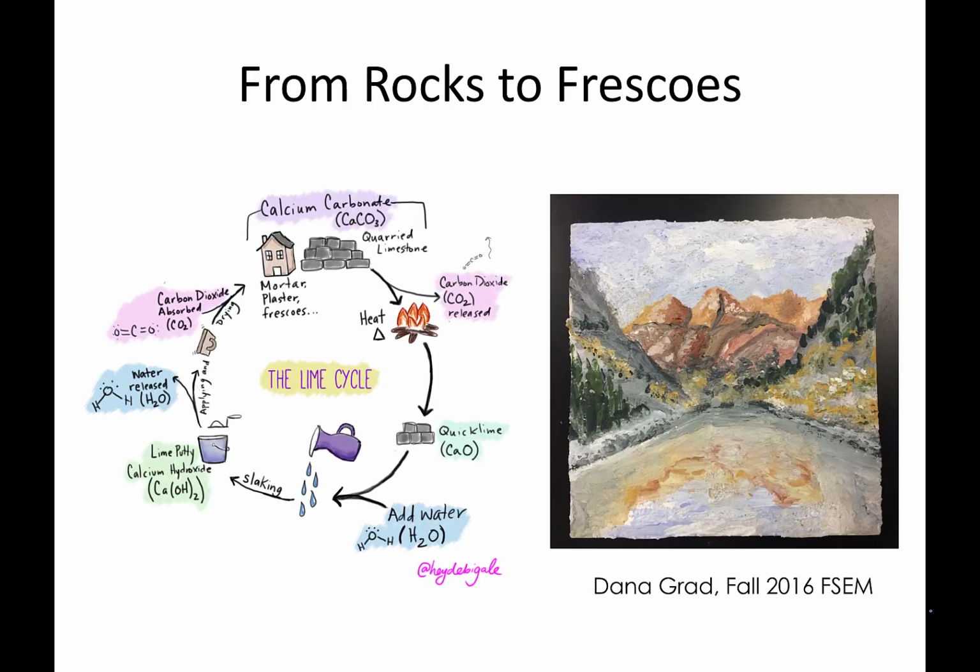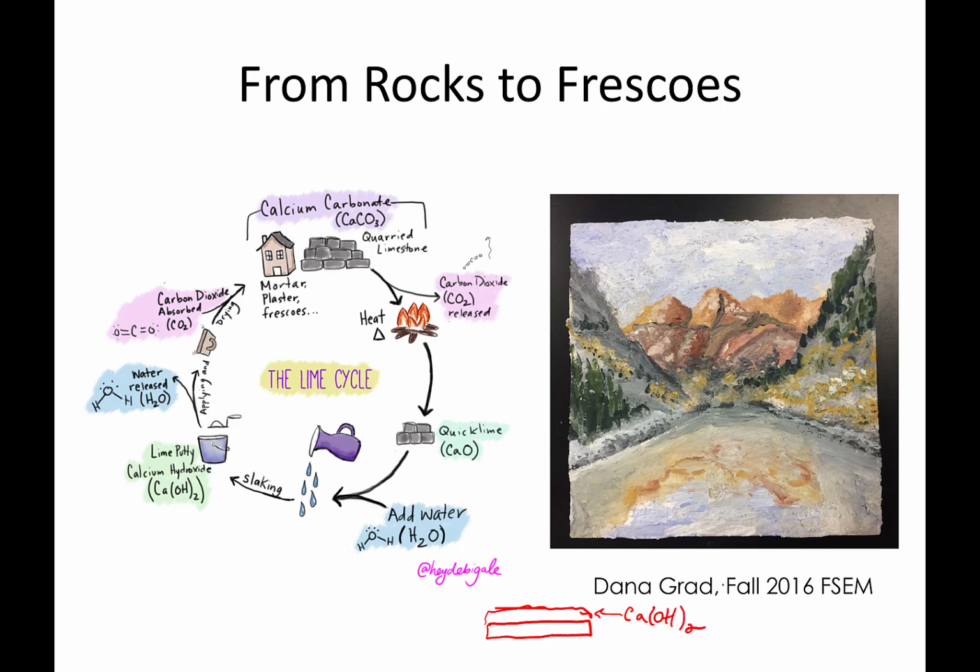So this is an example of a fresco that my student Dana made back in fall of 2016. What took place here is she took a piece of tile, then she applied the calcium hydroxide onto the tile. So this was the calcium hydroxide, the slaked lime.